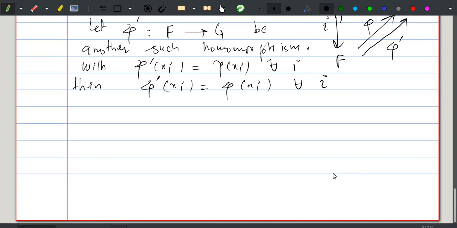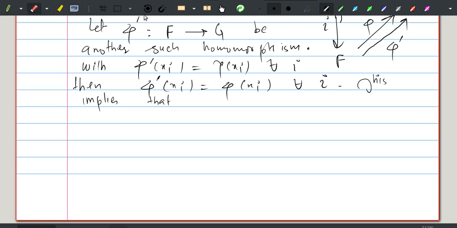That means they agree on a set which is the generating set. So these two maps have to be equal. This implies that they agree on this set.